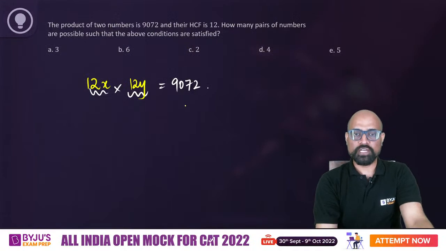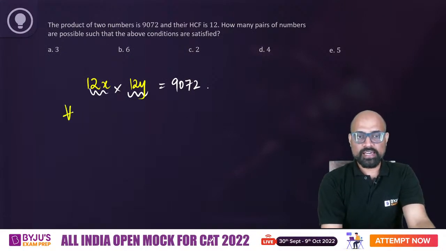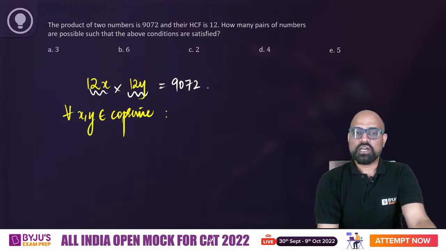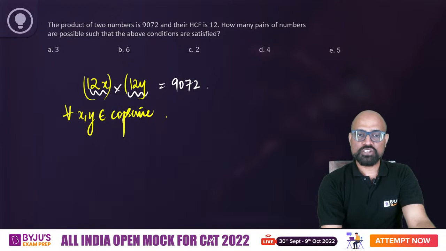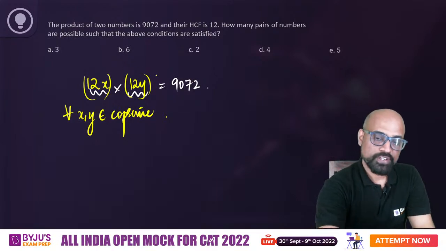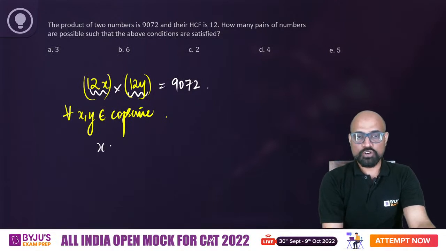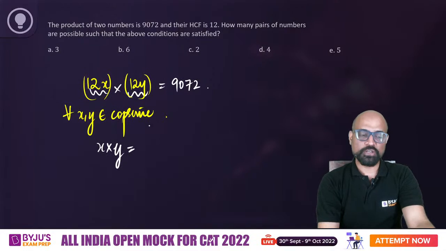Okay, so we were doing this. Here, x and y, they should be co-prime, right? नहीं तो फिर HCF 12 तो होगा नहीं. Now, the question is how many such numbers we can have where this is going to happen. So, we can write x into y as 12 into 12, which is 144, right?